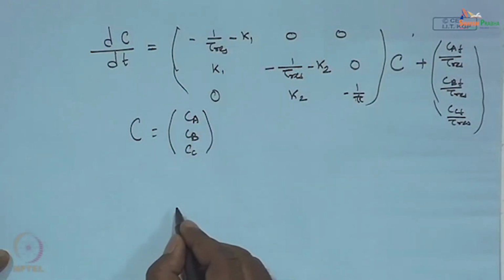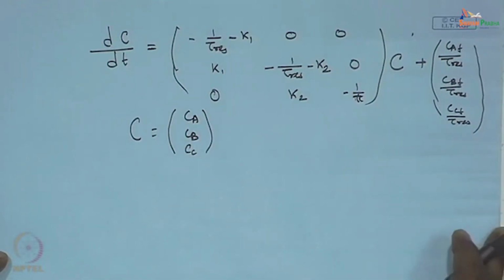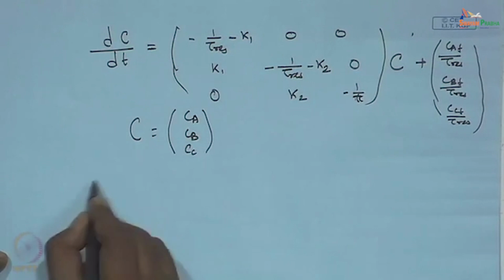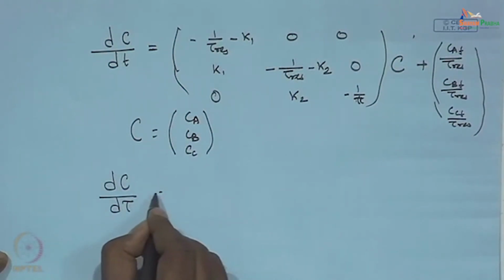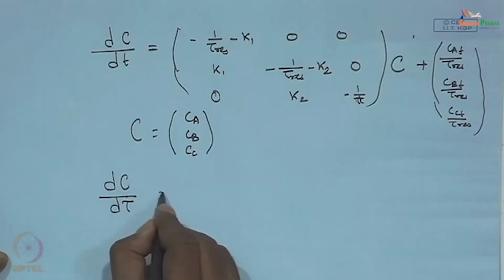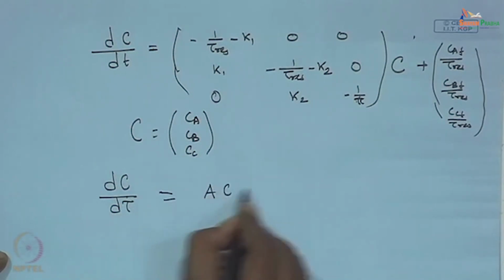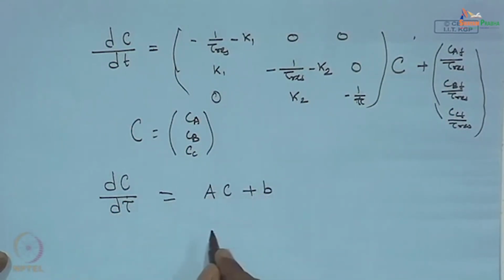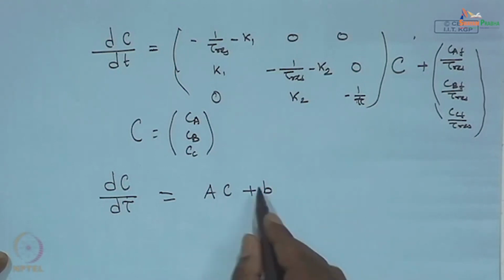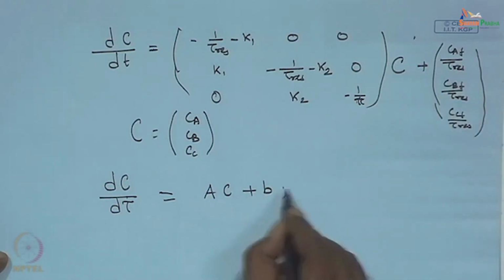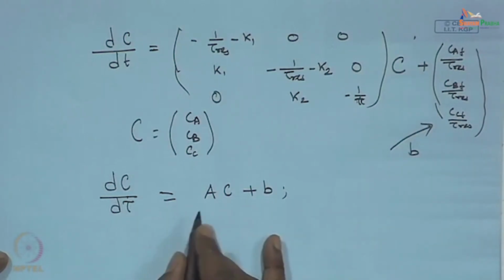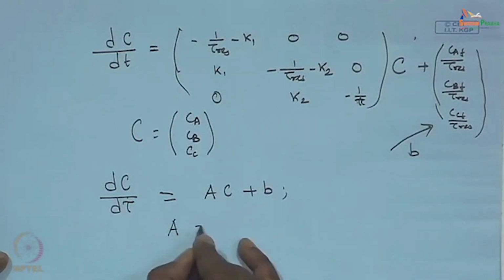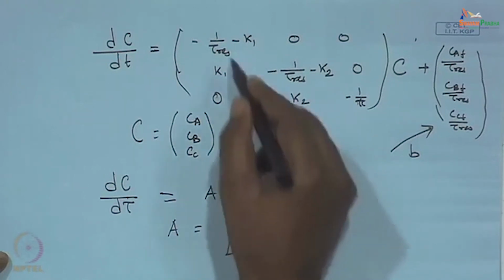So, it has 3 elements. Now, we can write this in a compact form, dC dt is equal to AC plus B, where the B vector is given by this. So, this is the B vector, and the coefficient matrix A can be given as, just put all the values.